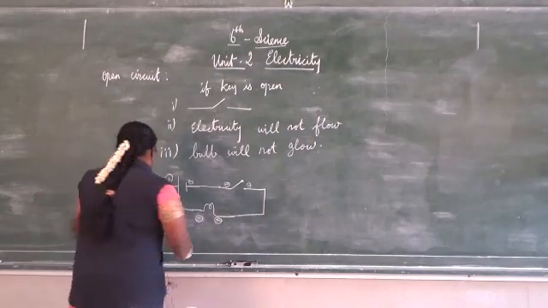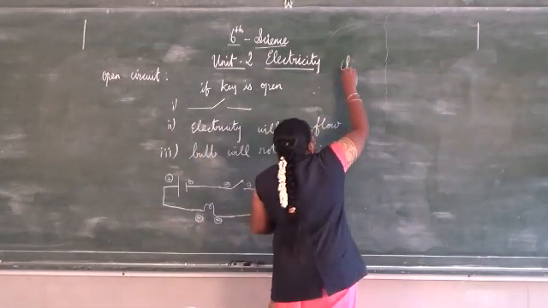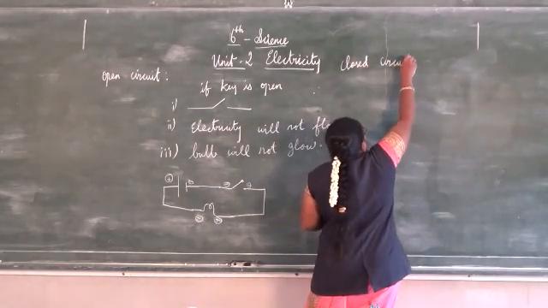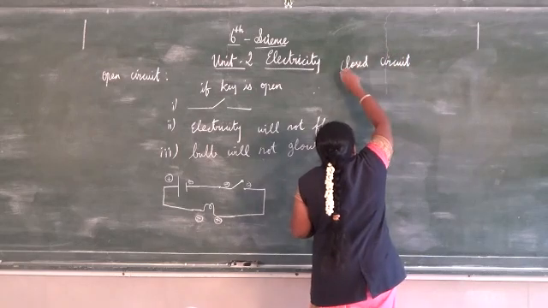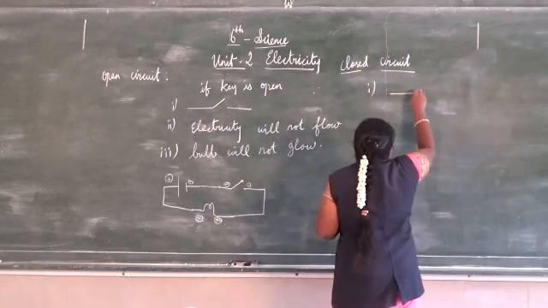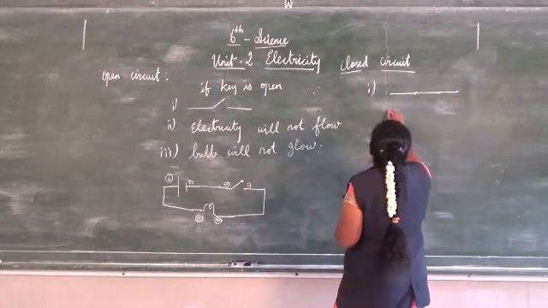Understand? Next we are going to see the closed circuit. See, it is the opposite. How will the diagram be? What happens if the key is closed?